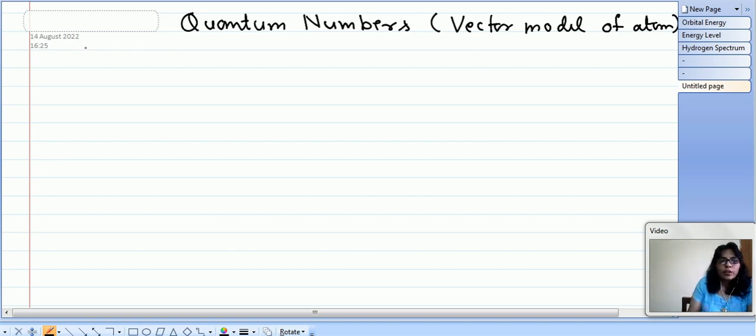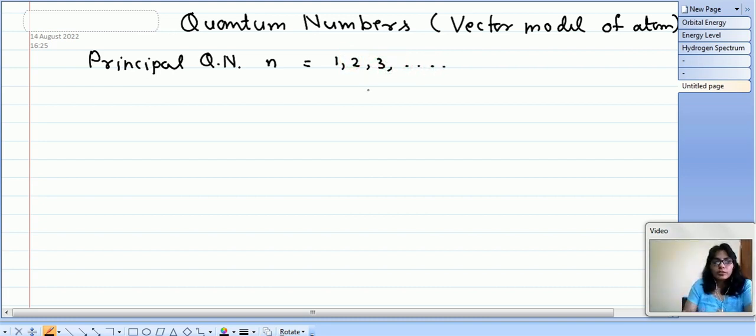So till now, up to Bohr atomic model, we know only about the principal quantum number n, and this n can take value 1, 2, 3 and so on. Now the first question is, what is the meaning of quantum number? Why is it called quantum number?